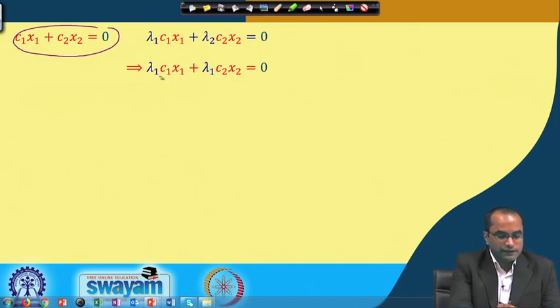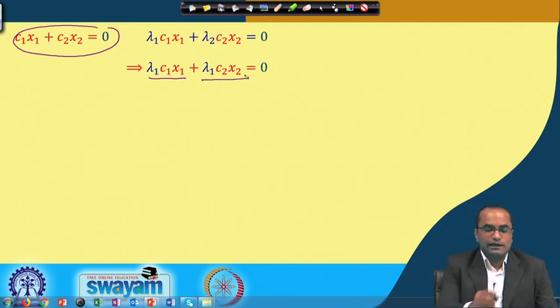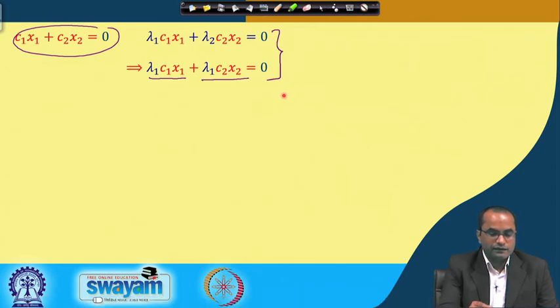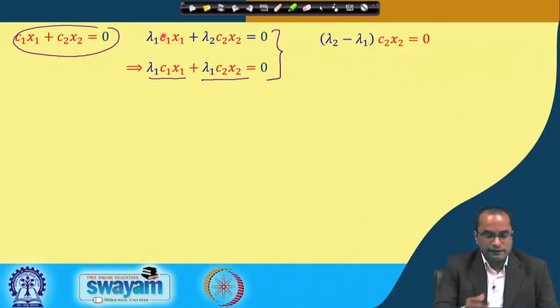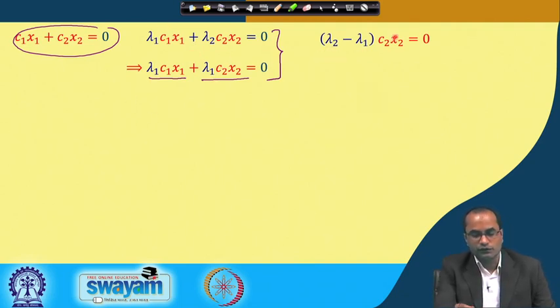So, we have lambda 1 C 1 x 1 and lambda 1 C 2 x 2. And now, with these two equations, we can subtract equation number 2 from equation 1, and then this term will cancel out. So, we will get lambda 2 minus lambda 1 times C 2 x 2 is equal to 0.